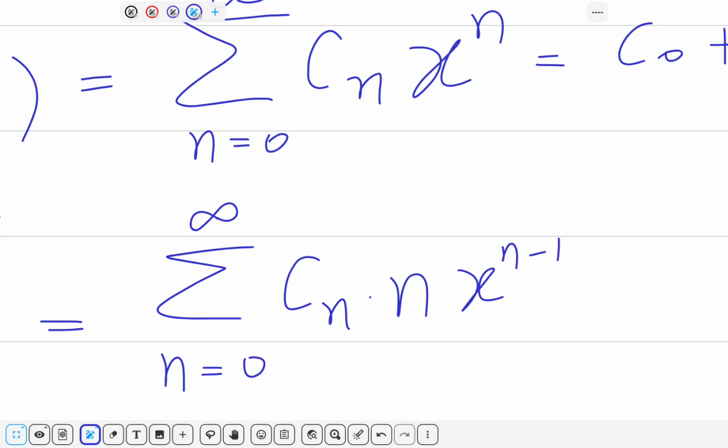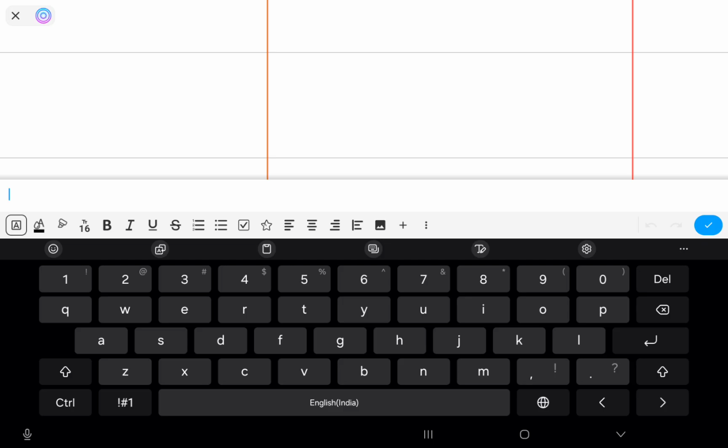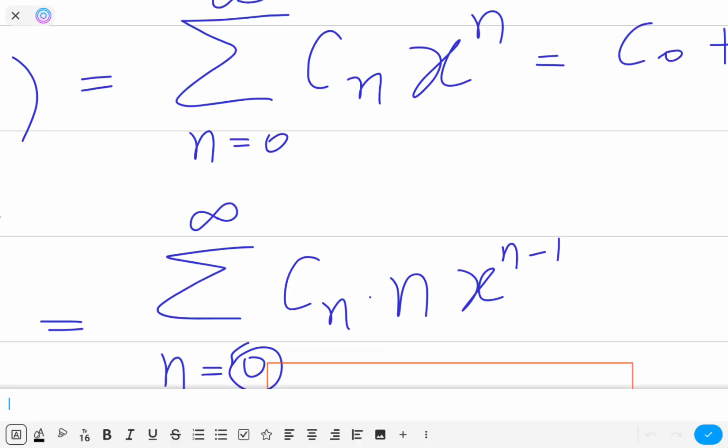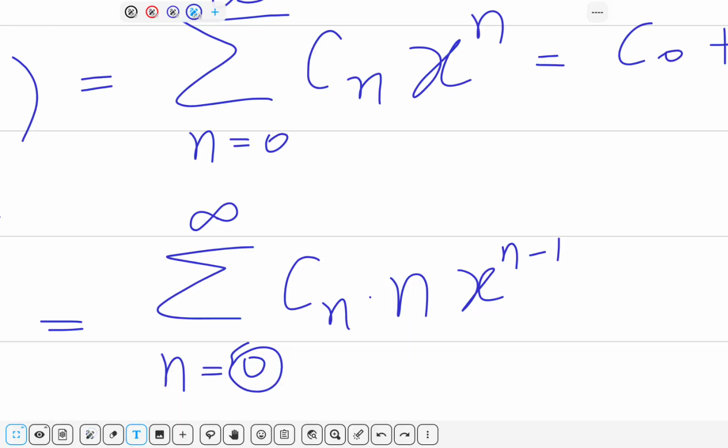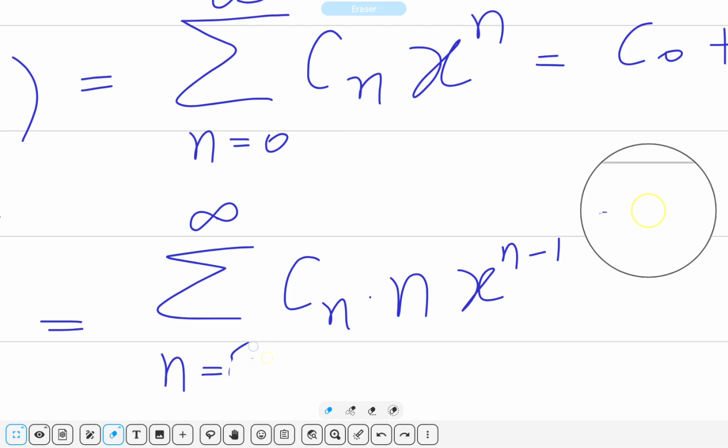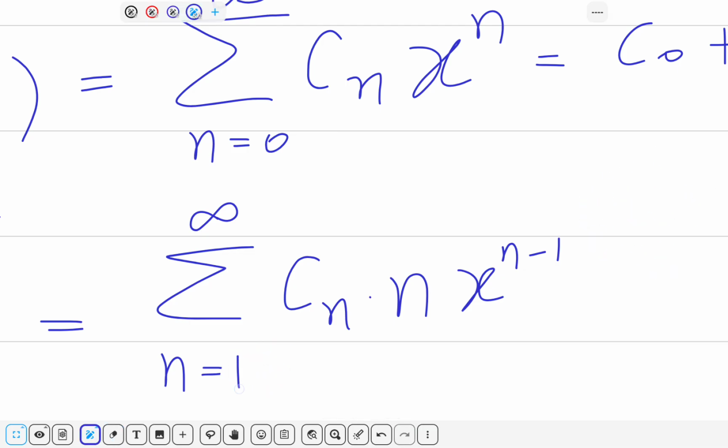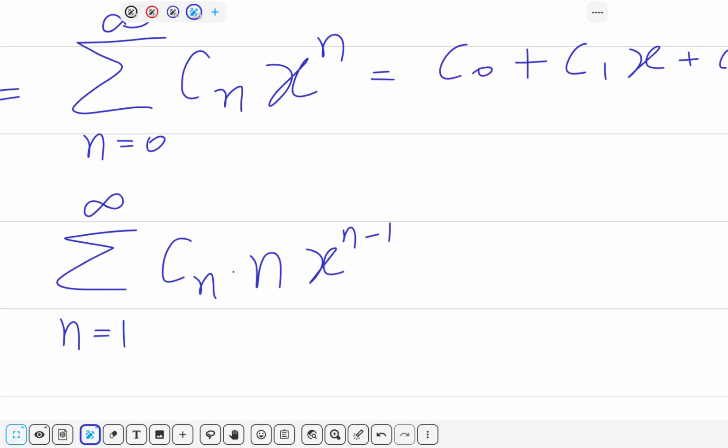And now if you see that if I take 0, this will become 1 by x, but 1 by x is not allowed in my function. I don't want that. So instead I will start this series itself as, 1 by x does not exist in my linear expansion.